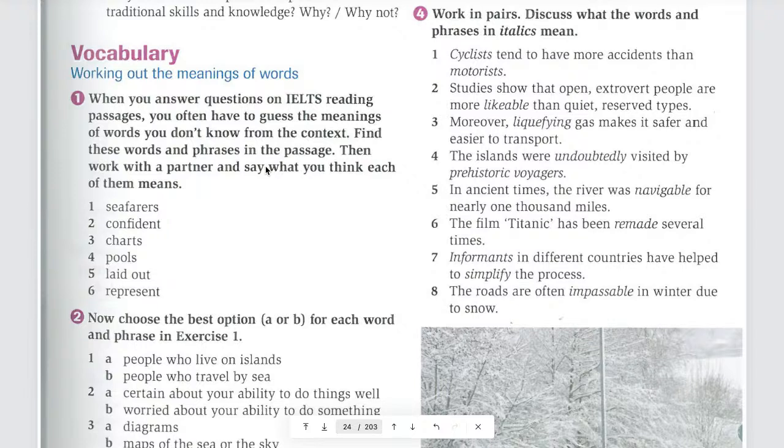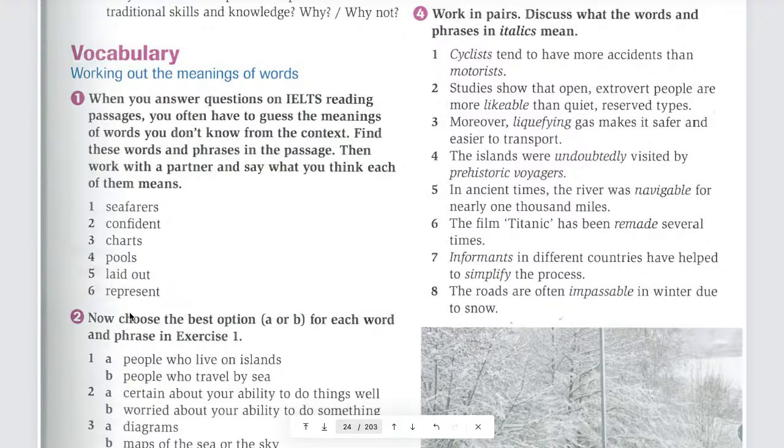So when you answer questions on IELTS reading passages, you often have to guess the meanings of words you don't know from the context. Find these words and phrases in the passage, then work with a partner and say what you think each of them means. Number 1, seafarers. 2, confident. 3, charts. 4, pools. 5, laid out. And 6, represent.